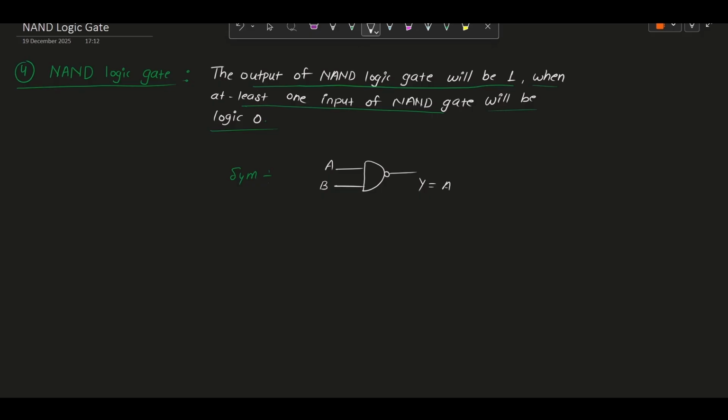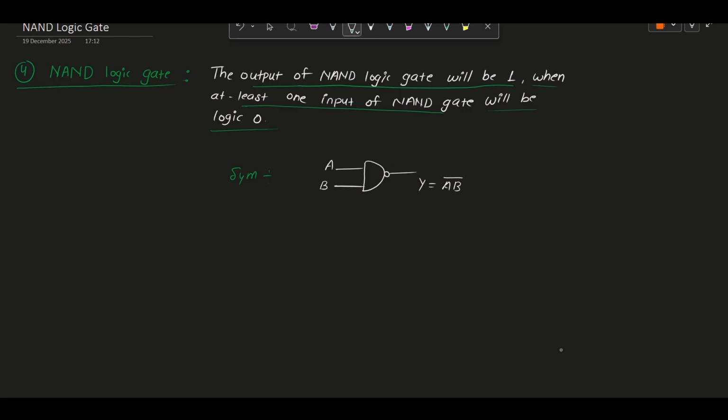It is the inverse of the AND logic gate. We know the AND logic gate expression is Y = A·B. So what will be the inverse of A·B? It is (A·B) bar. Simple. And if you look at the difference in symbolic representation between the AND and NAND, the main difference is only this bubble sign.